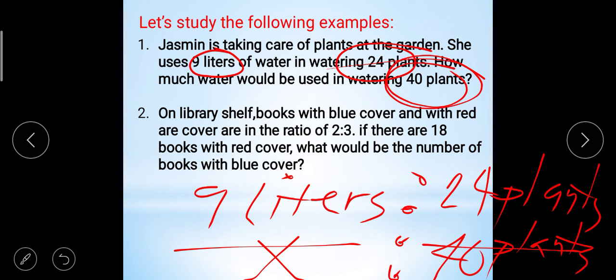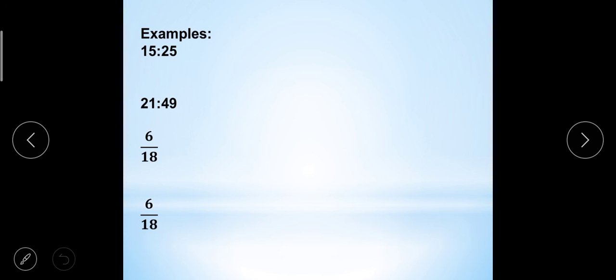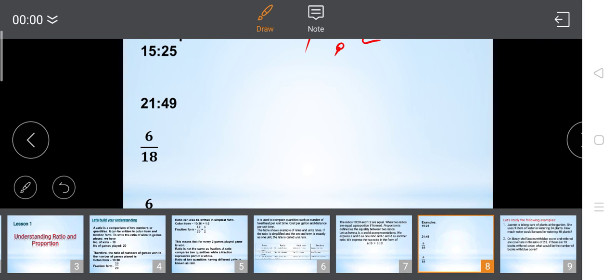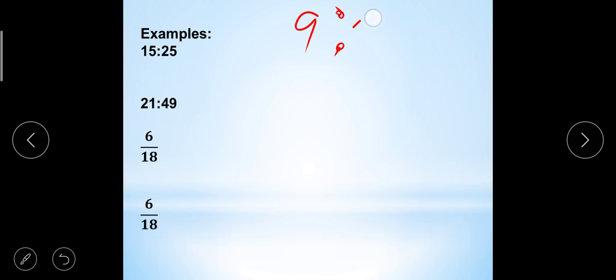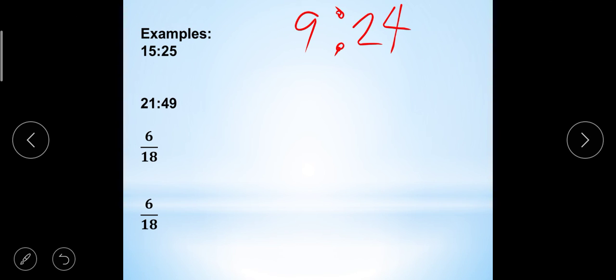Okay. So, we have 9 is to 24. So, dito na lang tayo magsulat kasi mas malawak yung space. So, 9 is to 24, 9:24 is equal to, wala tayong water.